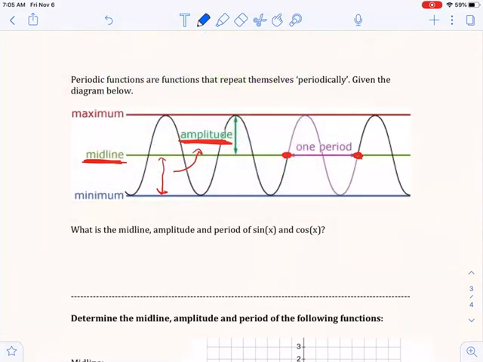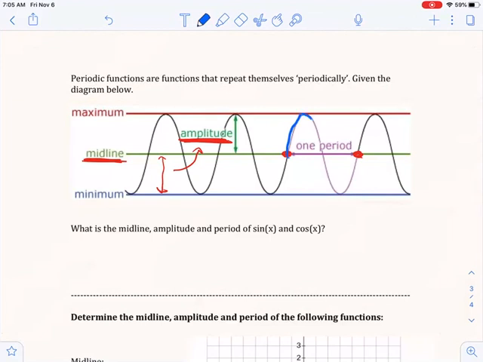That distance wouldn't be a period because I haven't completed the full cycle yet. I need to go this entire distance before I'm back to where I started. It doesn't matter where you measure the period from; we could go from here to here and get the same x value. Once we have those x values, we subtract the lower one from the higher one, and that tells us the period.